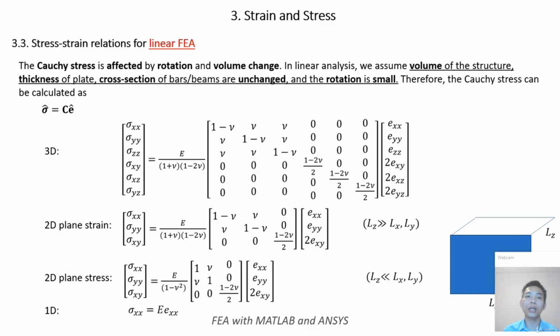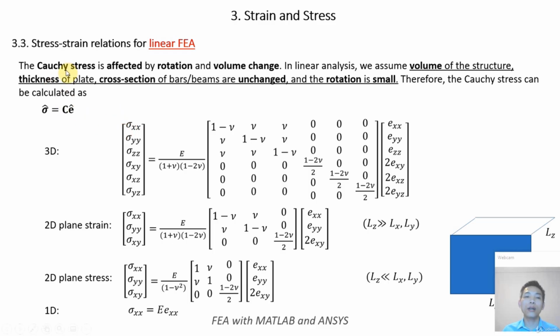So we assume that when we tension the plate, the thickness of the plate is not changed, or when we tension a structure, the volume of one particle is not changed, but in fact it should be changed. But because we assume that the deformation is very small, the change of these terms can be neglected.